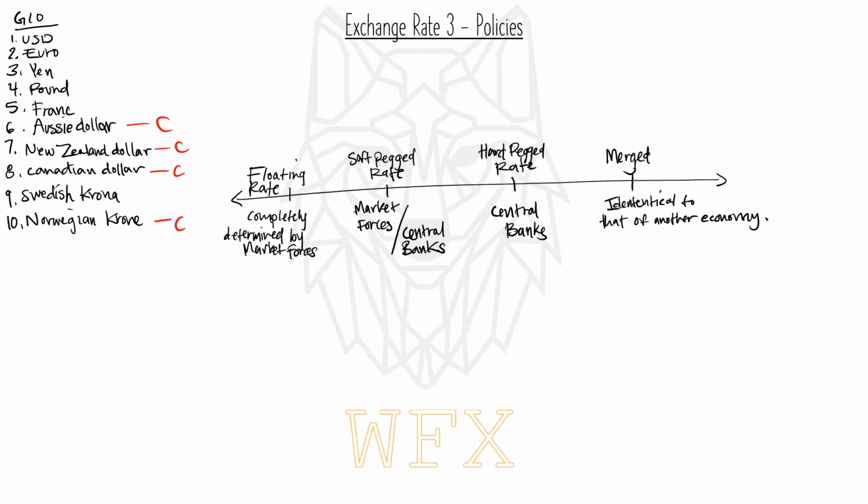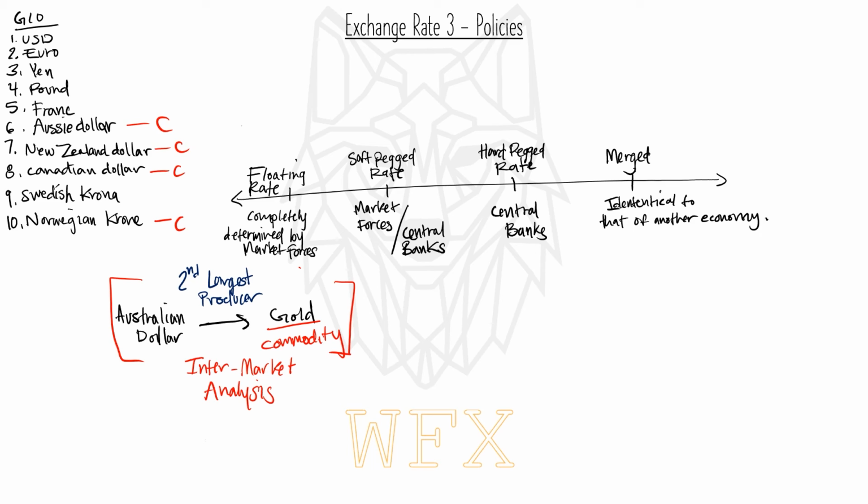For example, the Australian dollar tends to be positively correlated with the price of gold. This is because Australia is the second largest producer of gold, so any changes to the demand for gold can impact the health of its economy.